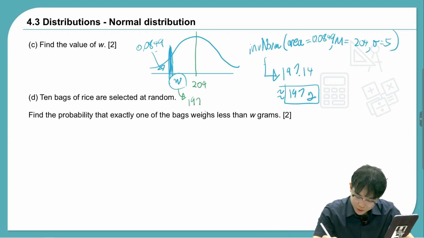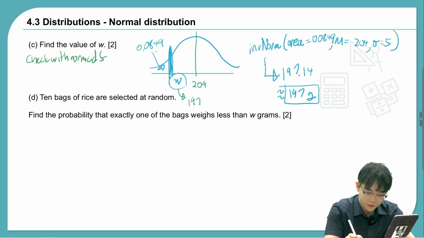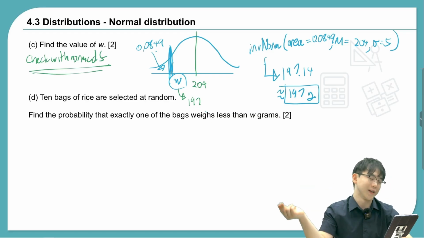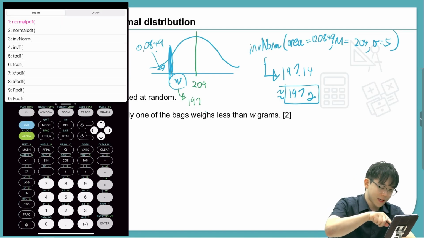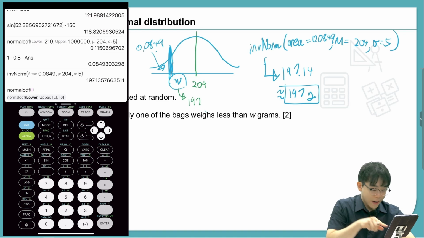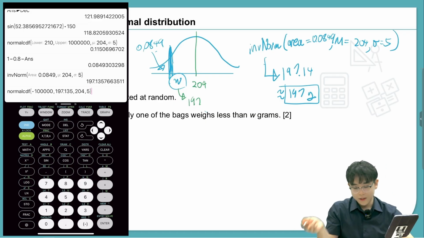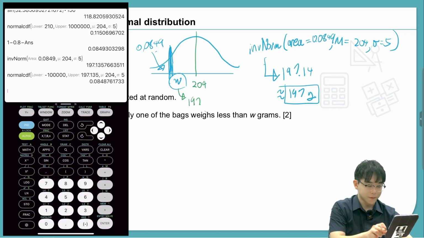You can also check this using norm CDF. You could do this on your own time, not necessarily during an exam. If you go to second variables, norm CDF, and put in the lower bound as negative infinity, or a large negative number, and the upper bound as 197.135, with the mean 204 and standard deviation 5, this should give you about 8.5%.